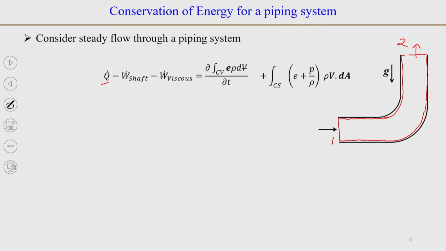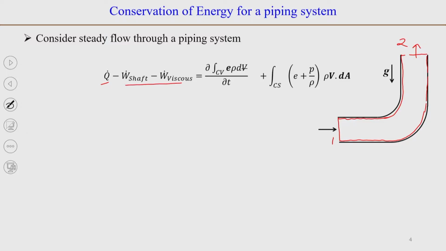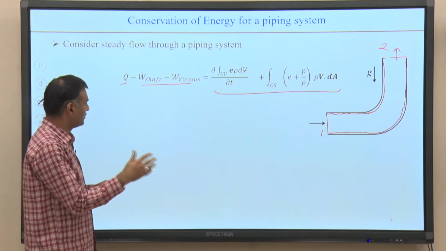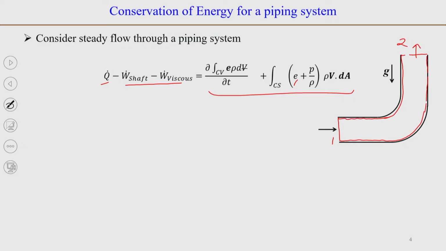W dot, you could have shaft work and the work due to the viscous stresses. The rate of work is that the work is being done by the fluid. Then you have the rate of change in the energy, and when you write this from a system formulation to a control volume formulation, you get this. You have the total energy of the system plus this flow work, P by rho.